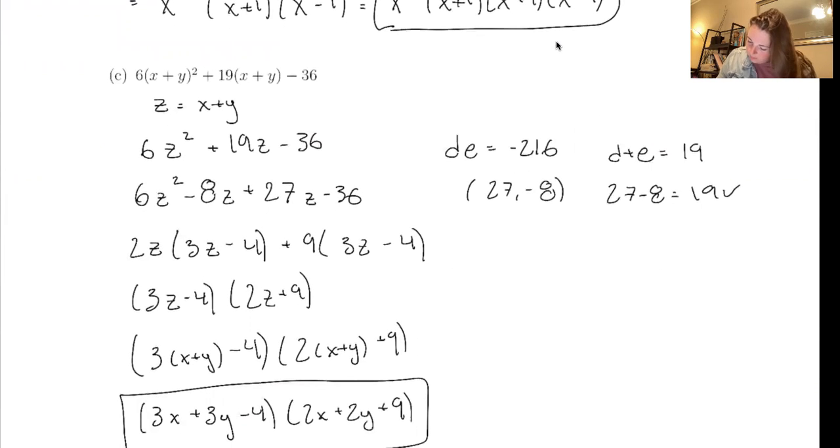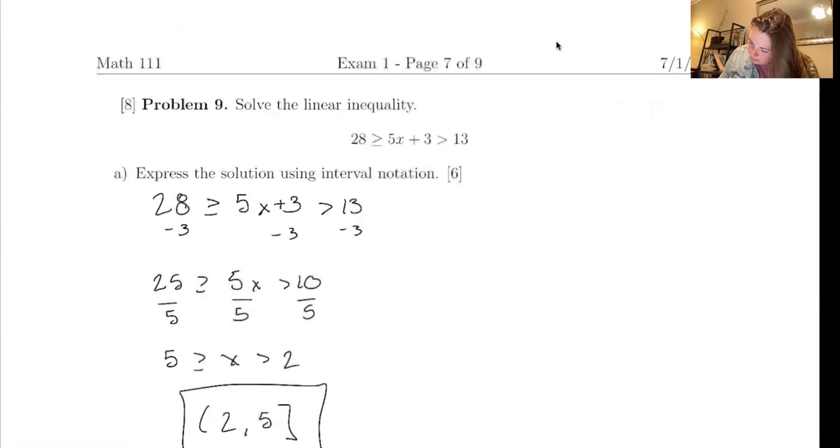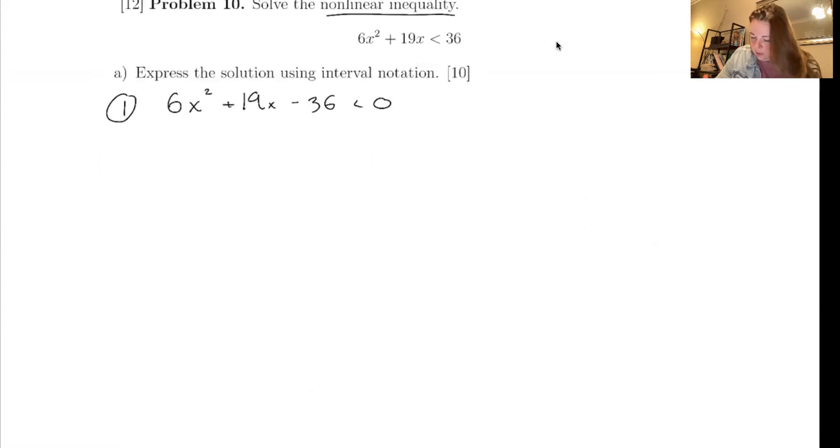It was this guy. So it's going to be 3x minus 4 times 2x plus 9.